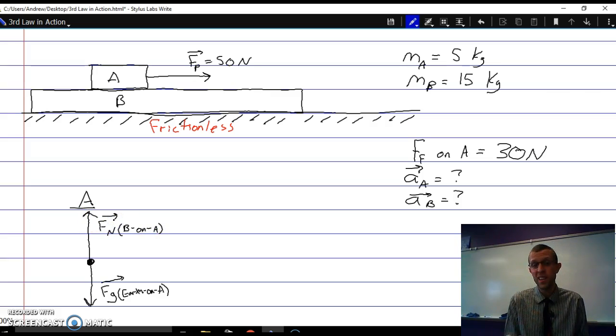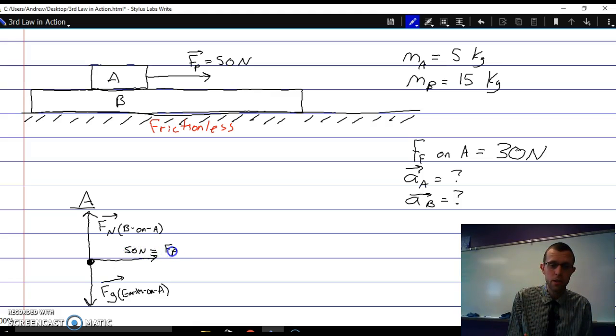All right, block A also has this FP, this pulling force, and that's 50 newtons to the right. That's FP. And we're told here that block A is going to slide over to the right across block B. So that frictional force that we're told about, remember, it tries to oppose the sliding of two surfaces past one another.